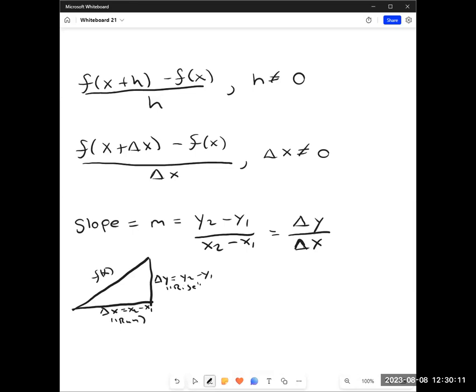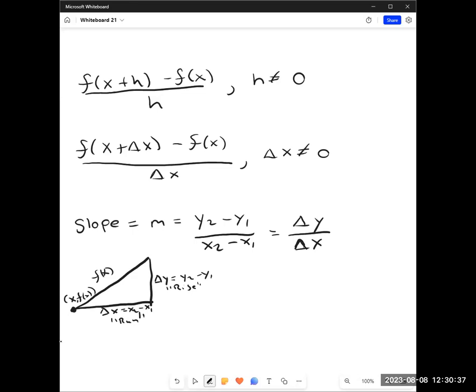So now let's start putting some stuff in function notation here. I'm going to call this point down here x, f of x, since I called the function f of x, so that when I put in an x value, I get an f of x value. And I'm going to call this horizontal distance here delta x.